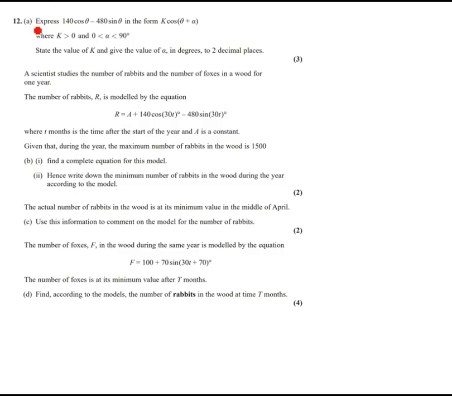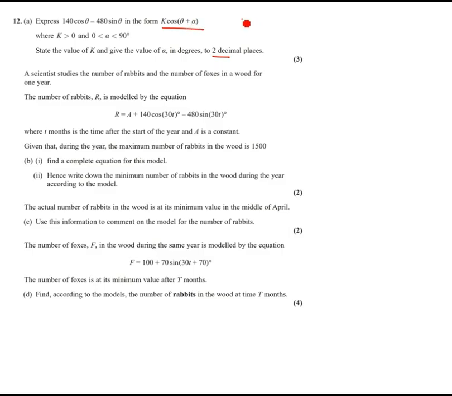Question 12a. Express 140 cos theta minus 480 sin theta in the form k cos(theta plus alpha), where k is greater than 0 and alpha is between 0 and 90 degrees. State the value of k and give the value of alpha in degrees to 2 decimal places. Okay, so to do this question, we need to expand this using the cos(a plus b) formula.